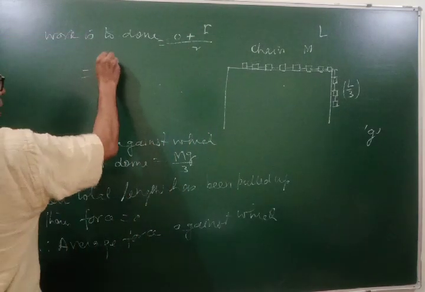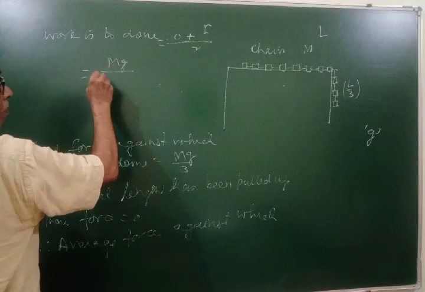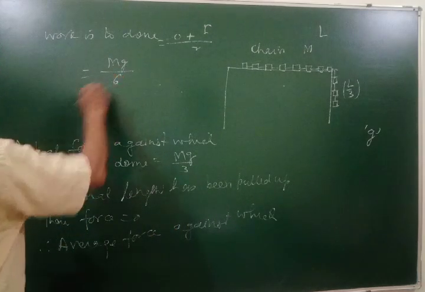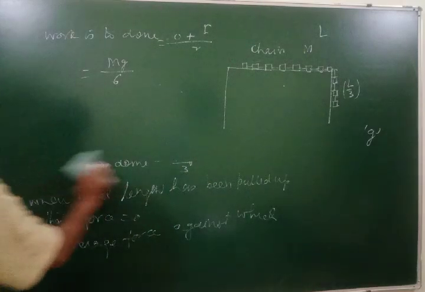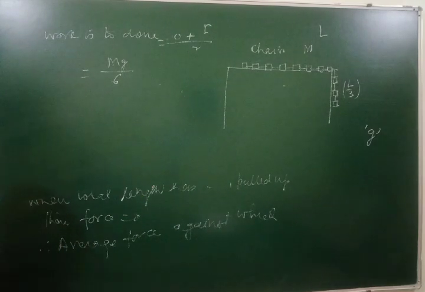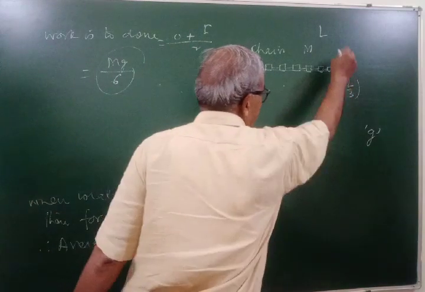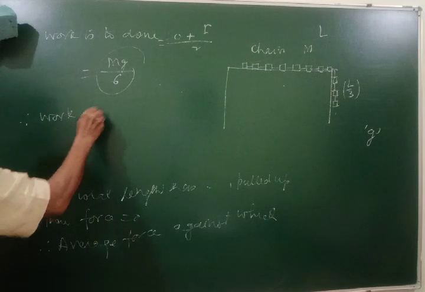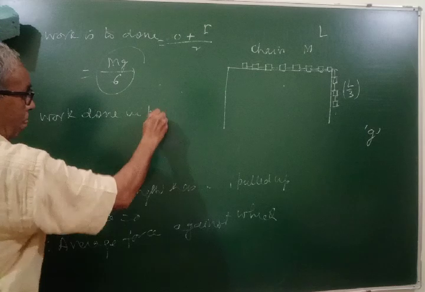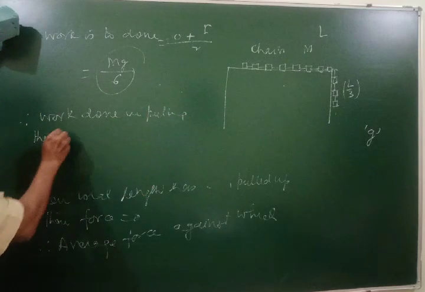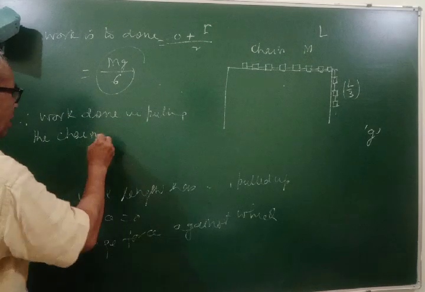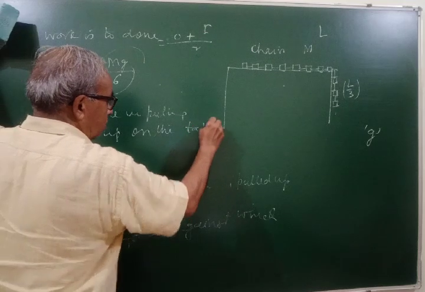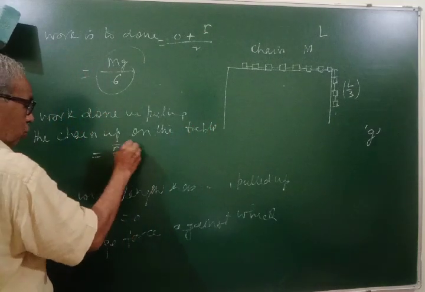That is, Mg upon 6. And hence, by this force the chain has to be pulled a distance of L by 3, and hence work done in pulling the chain up on the table equals average force into distance L by 3.